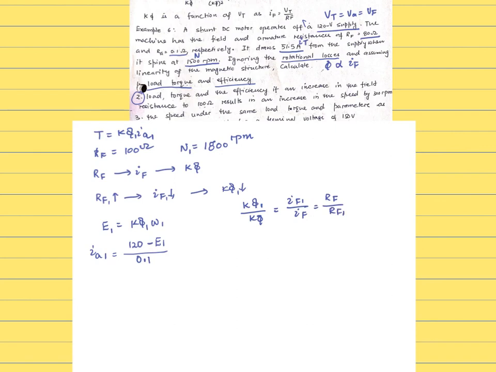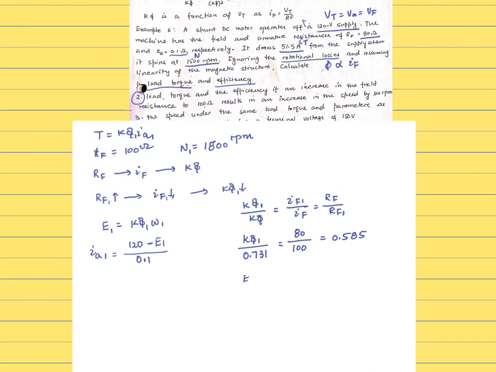See how they are inversely proportional to the resistance. So new K phi 1 over the old K phi, you guys remember the value of the K phi from the previous question? It was 0.731. Equals RF was 80, RF1 is 100. All right, so this gives you a lower value of K phi 1, which is 0.585 as expected.